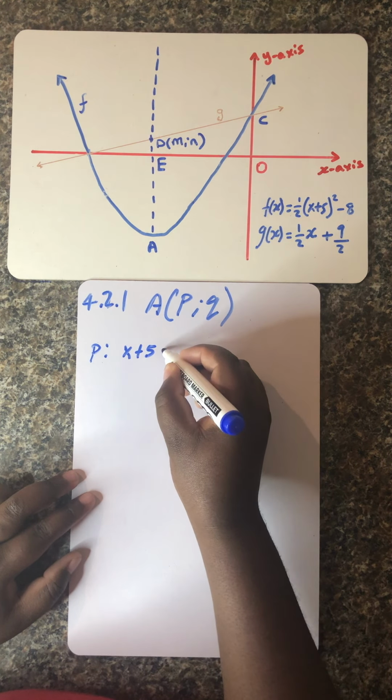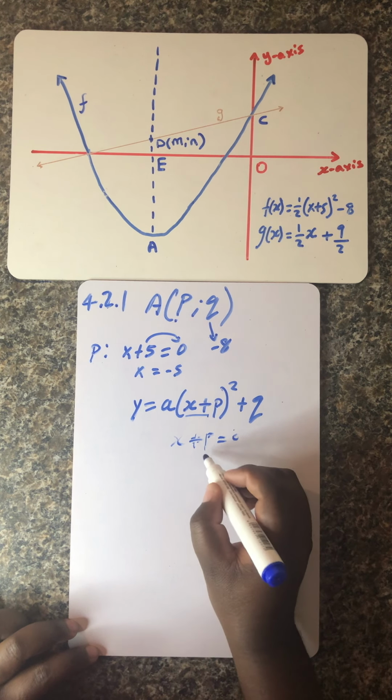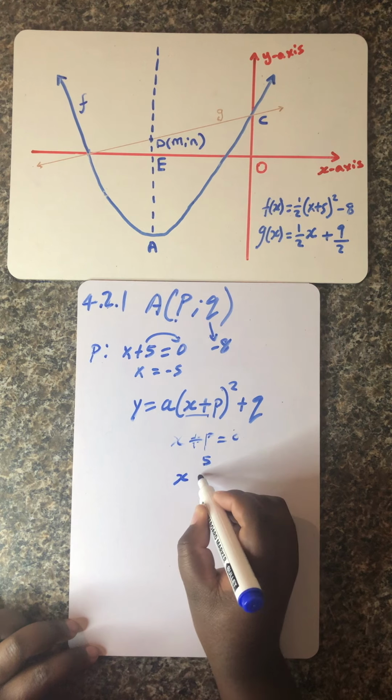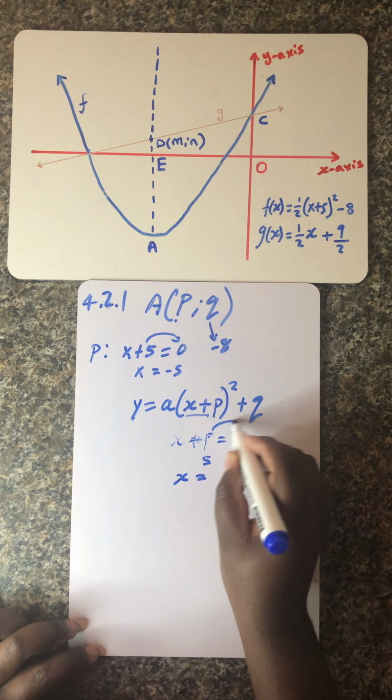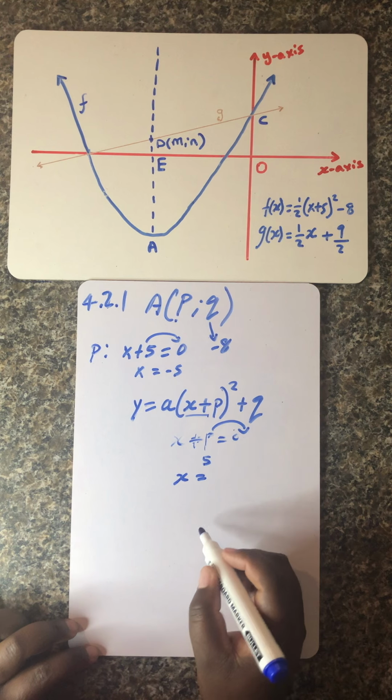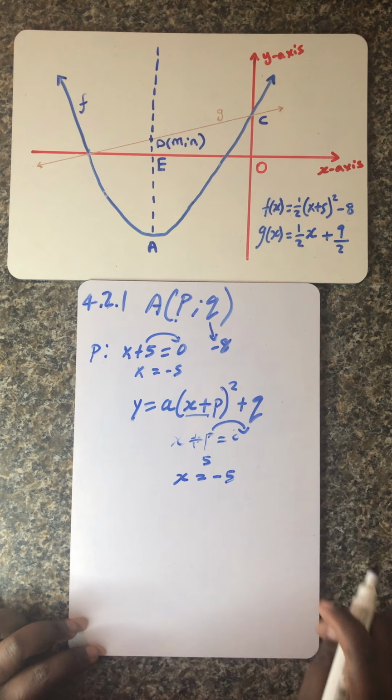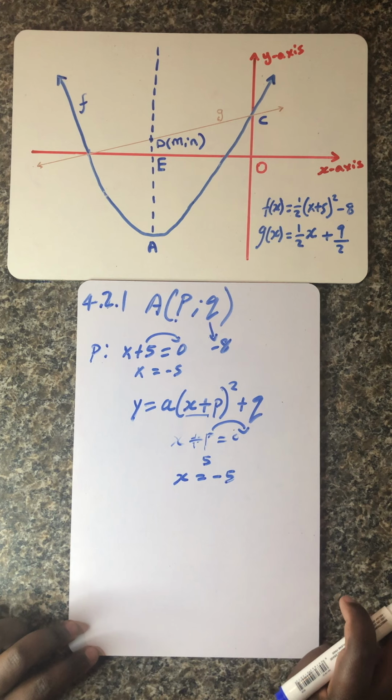To calculate the x value of the turning point, you equate this to 0. So x plus p equals 0. In this case our p is positive 5, so x equals negative 5, because you move p to the other side of the equal sign and it changes sign.